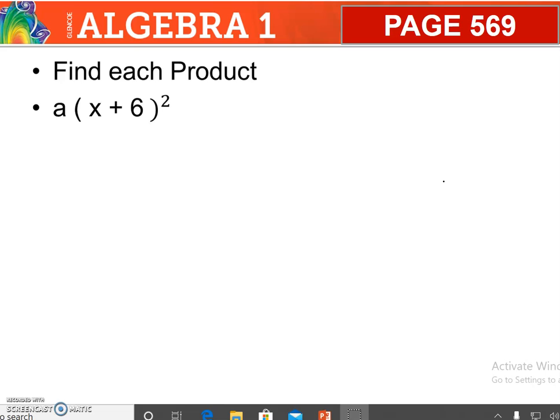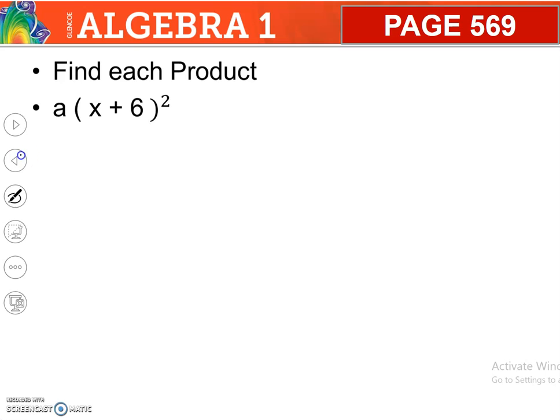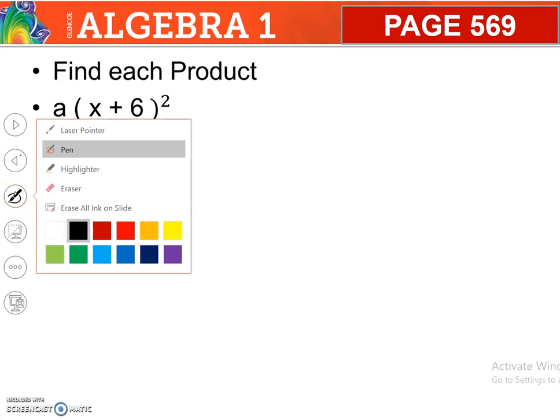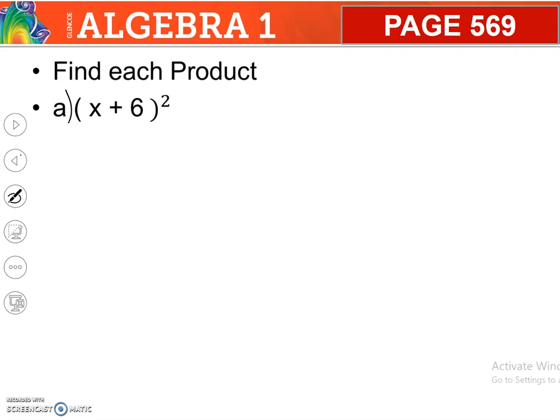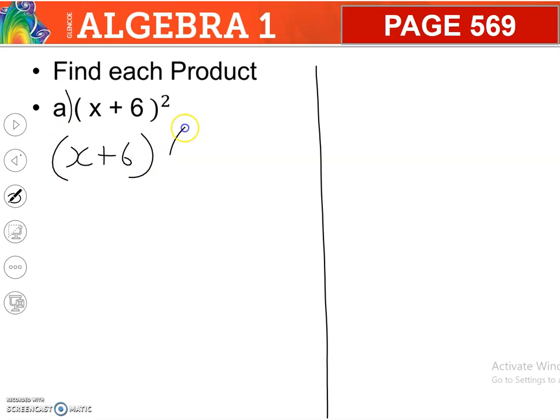Find each product. A, x plus 6 squared. Now this can be solved in two ways. Our first way, you can use the FOIL method, by splitting this into x plus 6 and x plus 6.